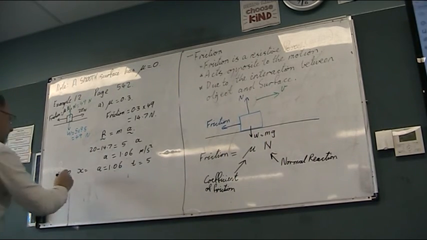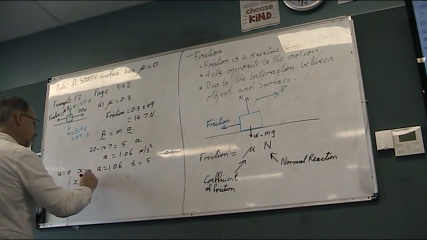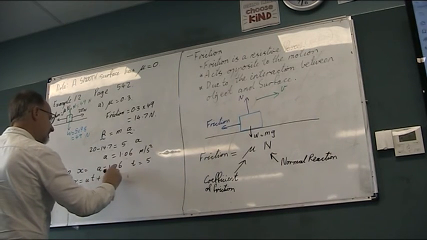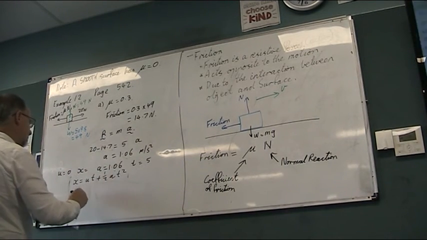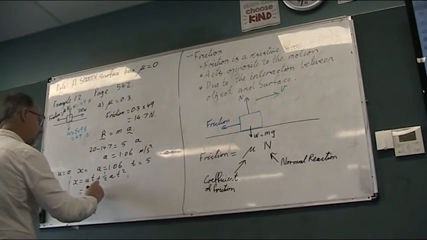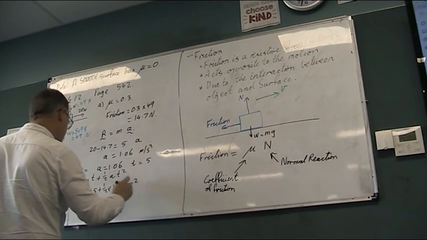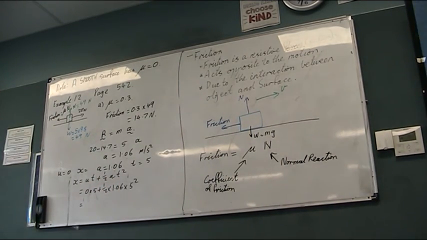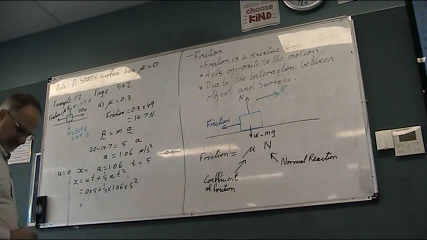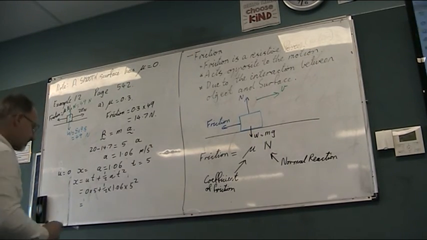So x equals ut plus a half at squared. 0 times 5 plus a half times 1.06 times 5 squared. And you stick that into your calculator and you get 13.25 metres.